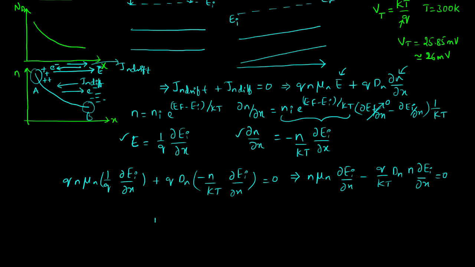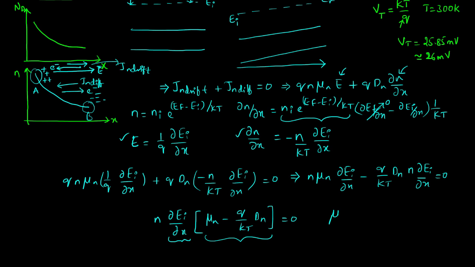Now we can take n times del Ei over del x common in this equation, which can be written as mu n minus q over kT times Dn. This should be equal to 0. We know that n is not 0 because there is electron concentration in the semiconductor, and dEi by dx is also not 0 because we know Ei is changing with respect to distance. And the only quantity that can be 0 is this.